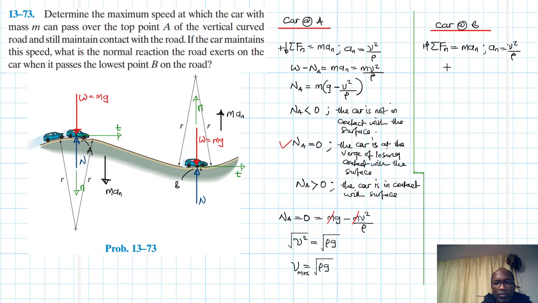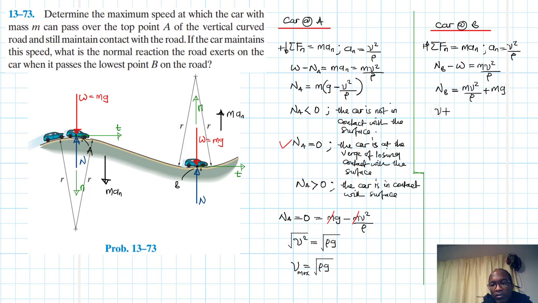So what do we have there? It will be N_B minus W, and this is just equal to m v squared divided by rho. Our N_B therefore is just going to be equal to m v squared divided by rho plus mg.